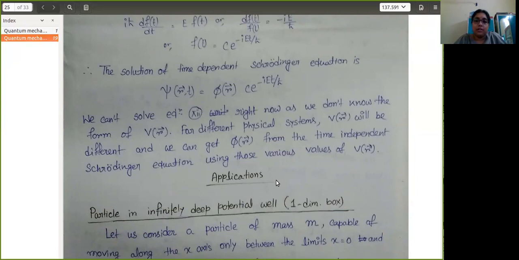So for different physical systems, we can get φ(r) from the time independent Schrodinger equation using those various values of V(r). So how will we do that? We will discuss in the next class.